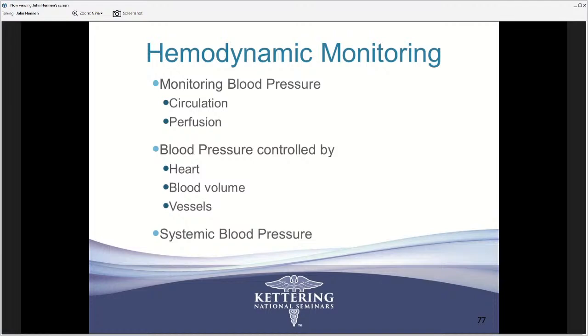So hemodynamic monitoring, through Kettering, you can get the basics of it down in probably 45 minutes or less. Okay. So that's good news because there's not a lot that you have to know about hemodynamics for this test.